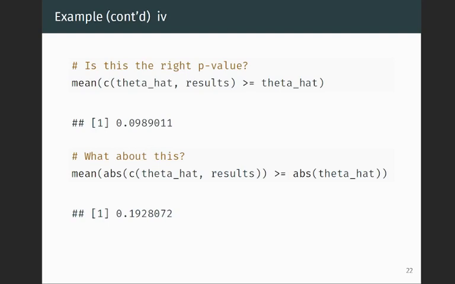Remember, we're not making any assumption about the distribution, so in particular we're not assuming symmetry. And so this is not exactly twice the one-sided p-value. But in any case, the two-sided p-value that we get using permutations is quite similar, again, to what we got from the t-test.